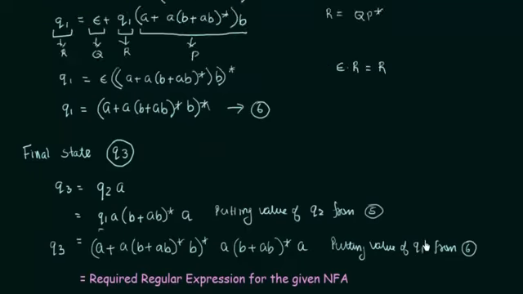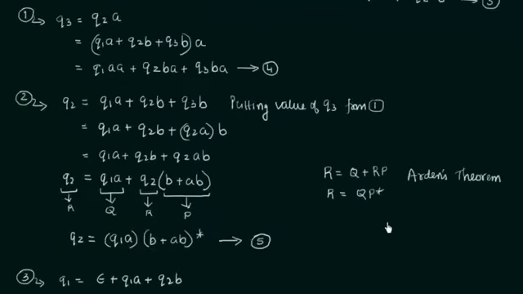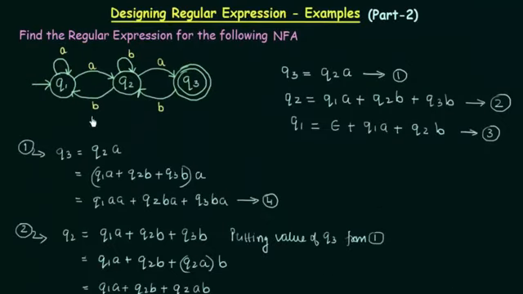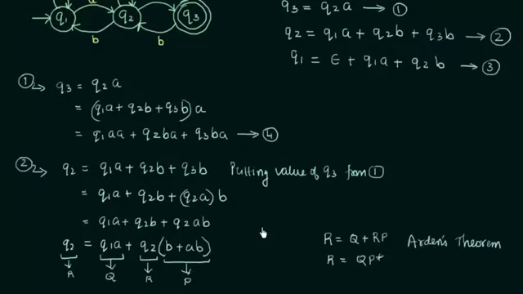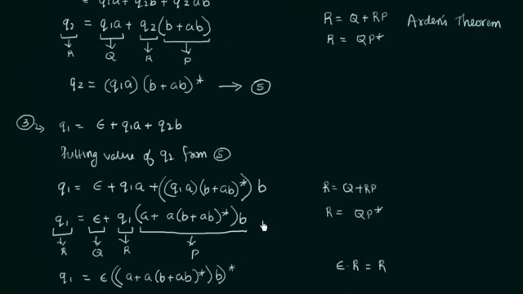So let us just recap the steps once more, how we did this. When we are given an NFA like this, what we do is we first write the equations for each of the states like this, and after writing the equations we simplify those equations using Arden's theorem and other simplification techniques that we have used.